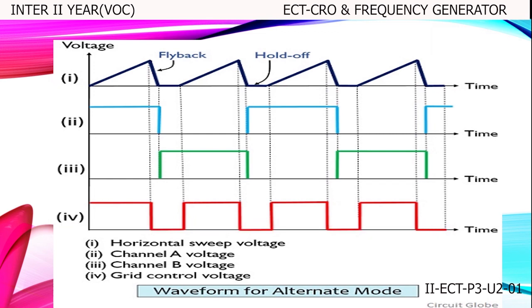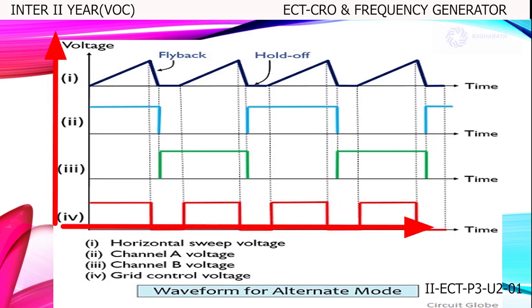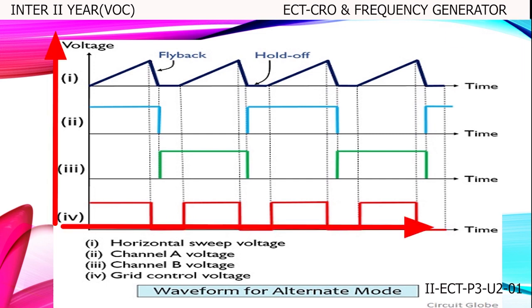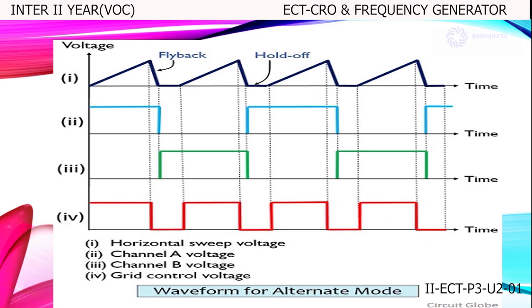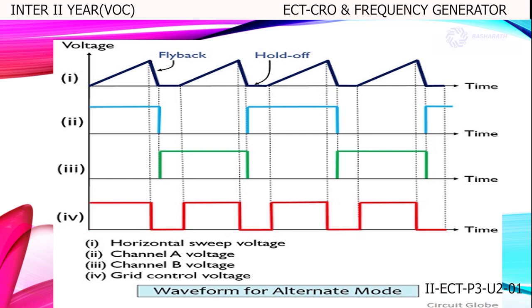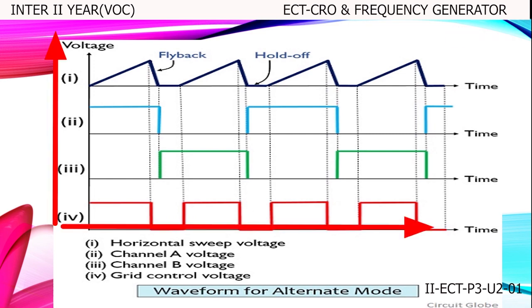In this way, the alternate connection of two channel inputs with the vertical amplifier is performed. The change in the electronic switch from one channel to the other occurs at flyback sweep duration. At the flyback period, the electron beam will be invisible, and so the changeover from one channel to other.